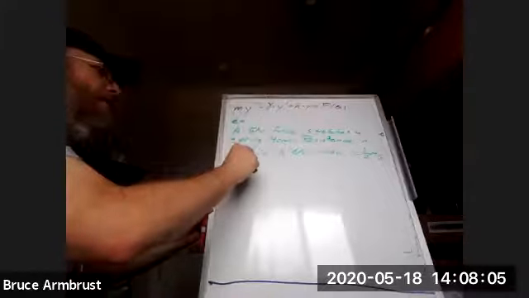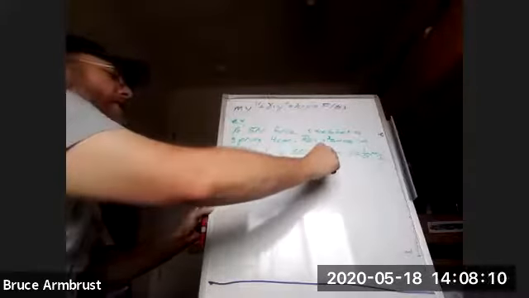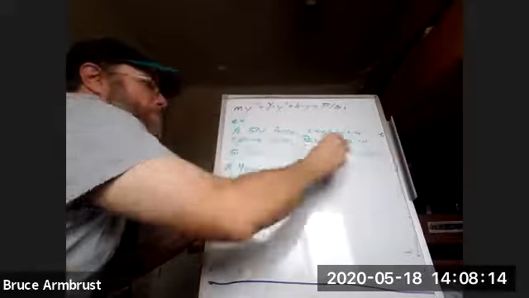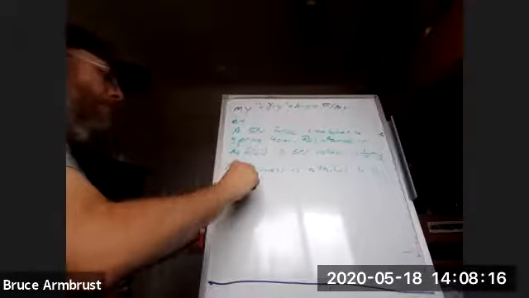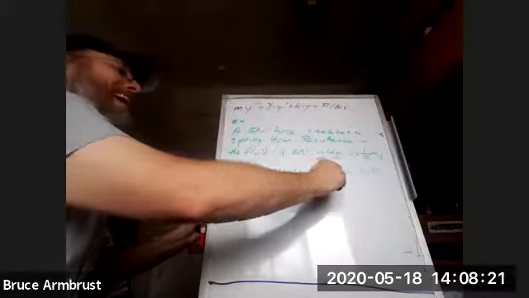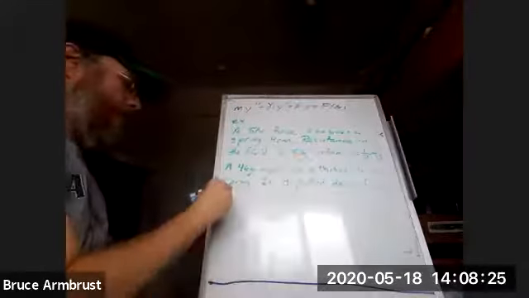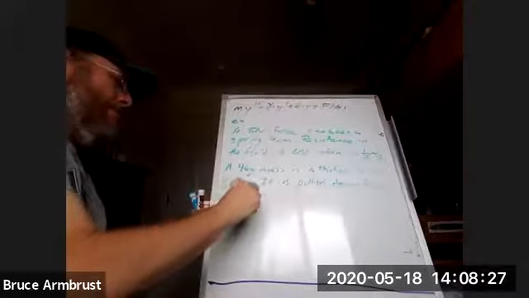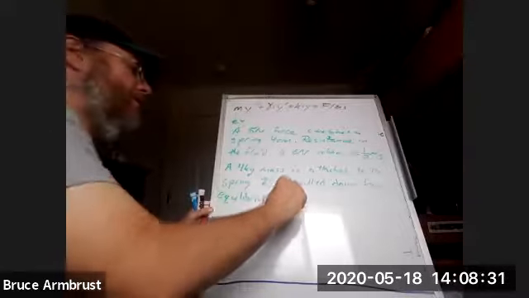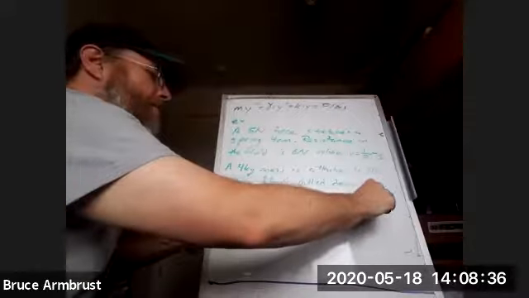A 4 kilogram mass is attached to the spring. It is pulled down from equilibrium 10 centimeters and released from rest.